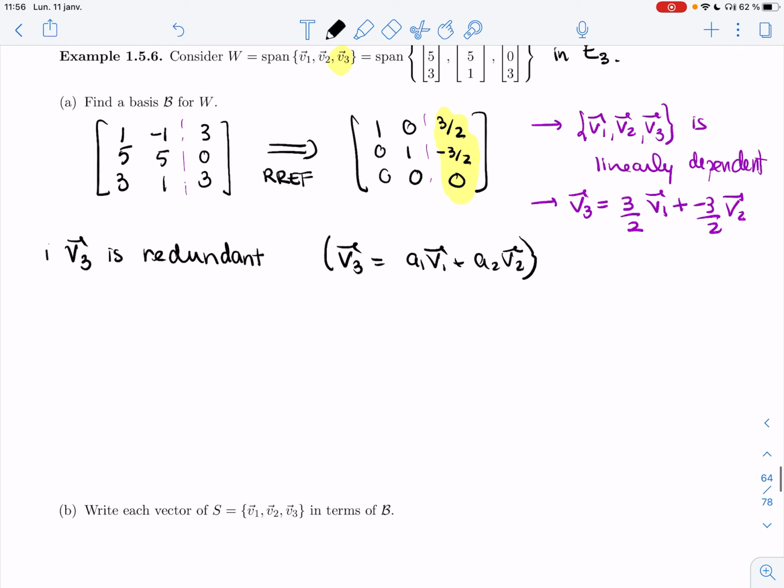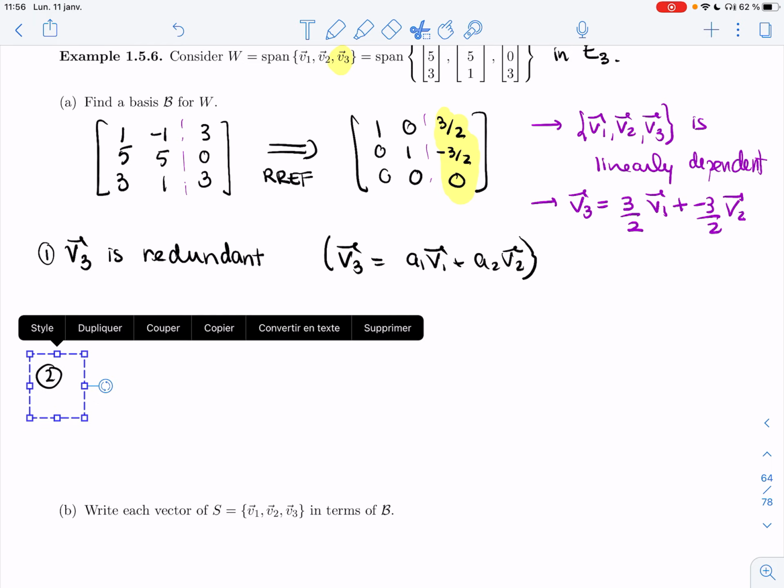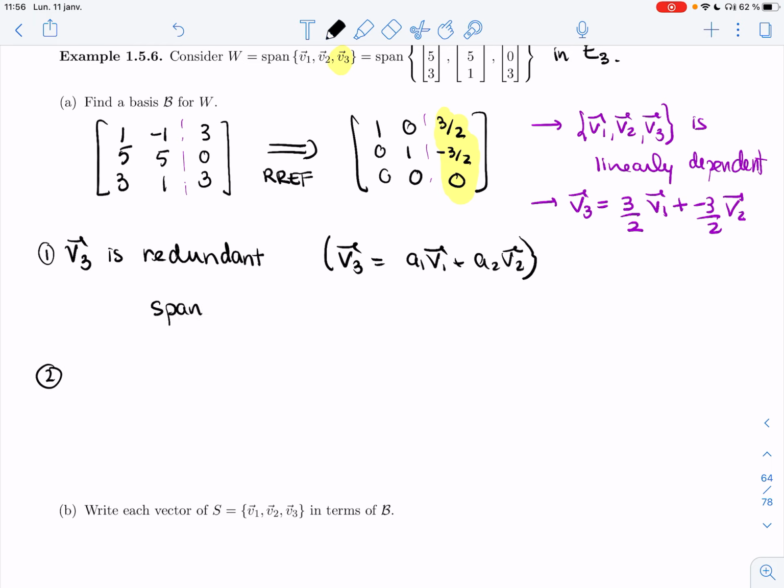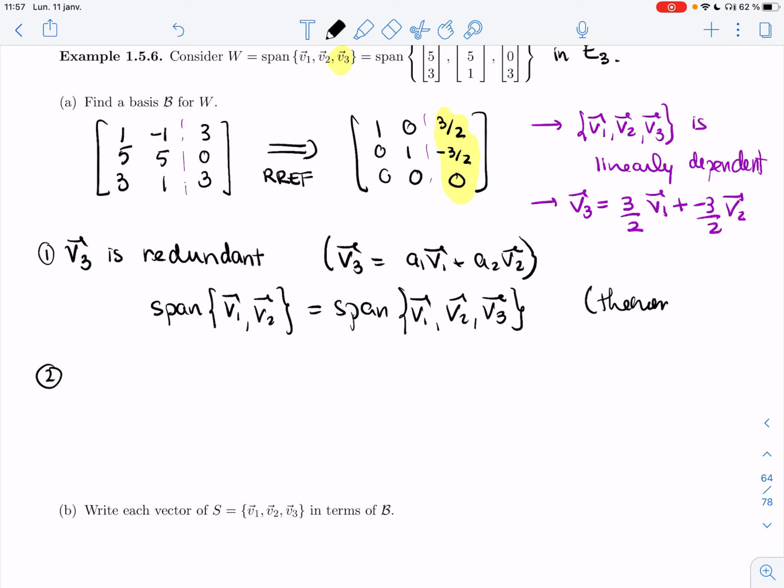So I don't need V3. I can get rid of V3. So span of V1, V2 is the same as span of V1, V2, V3. That's something that we proved in theorem 1.4.2.